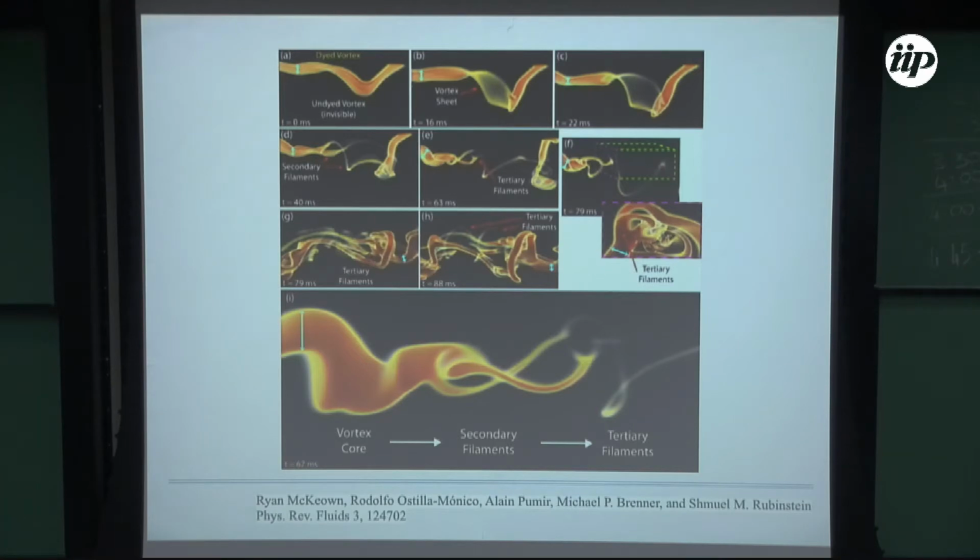The situation in fluid dynamics is very complicated. This is a very recent paper, probably December last year or something like that, by Shmuel Rubinstein and his brilliant collaborators. In this, they show the dynamics of a vortex line.